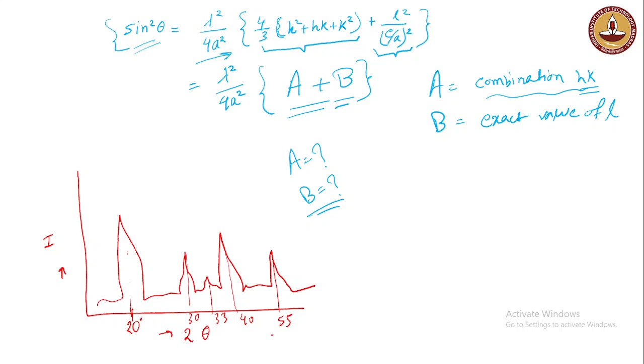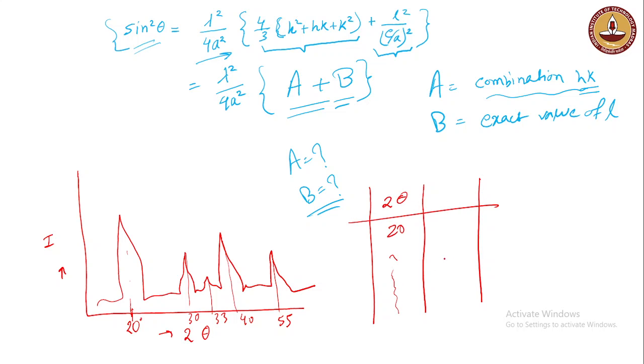In X'Pert HighScore you will get one table like this, where corresponding to these 2 theta values we have these intensities. Means we will get the list of 2 theta values at which we have these peaks.